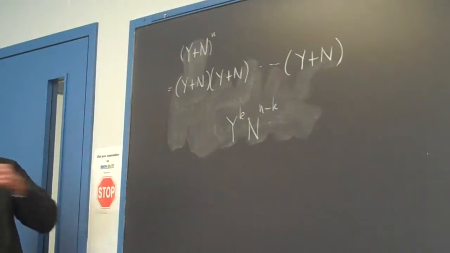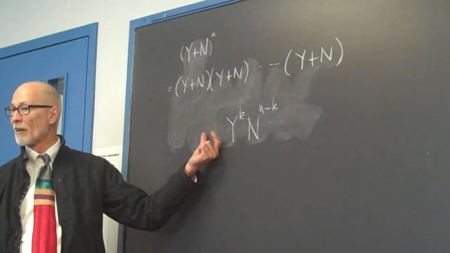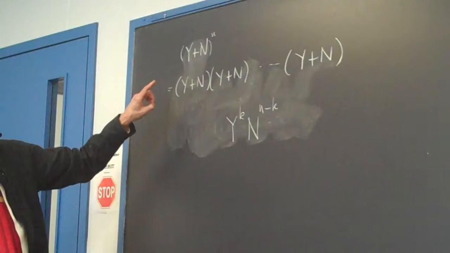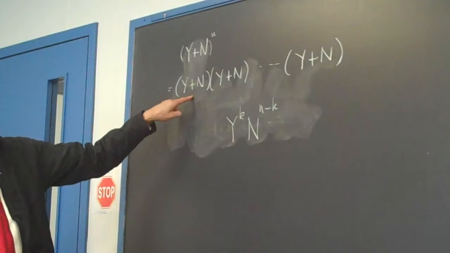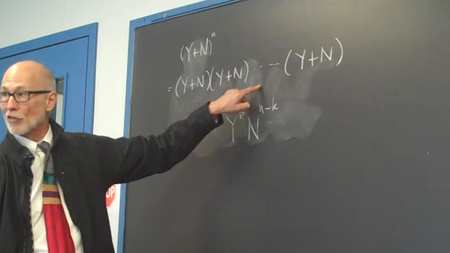What I'm doing to assemble the coefficient in front of here is asking how many ways can I pick a first thing, do I pick the second thing, do I pick the third thing?